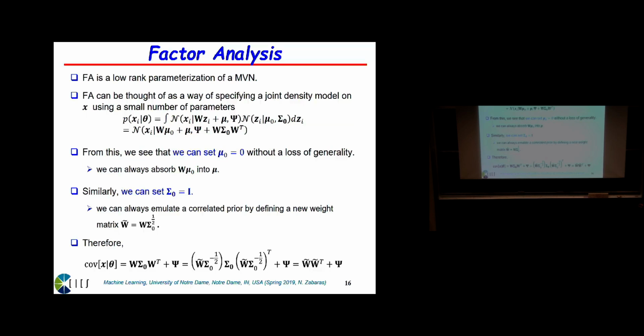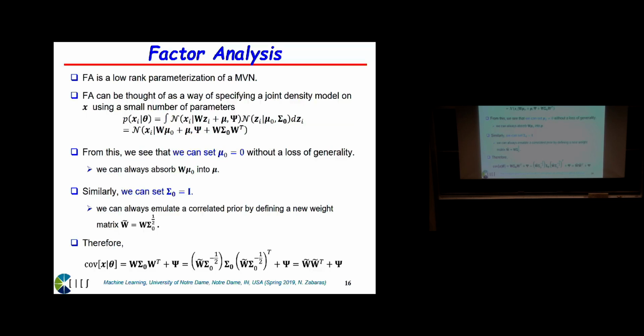How many variables are those? D. How many W's do we have? What's the dimensionality of W? It is D times M.